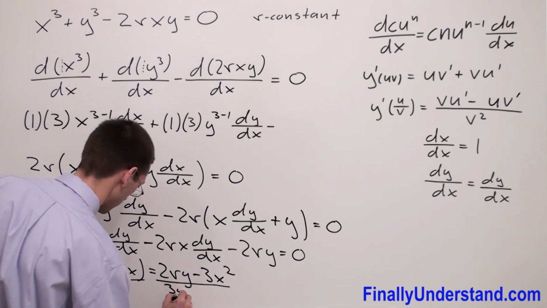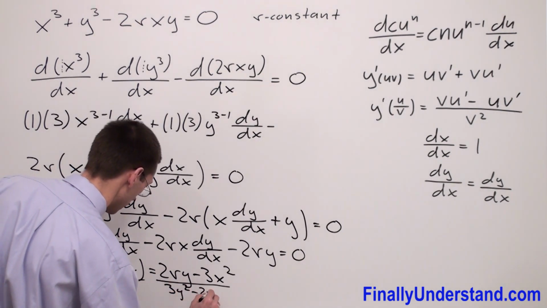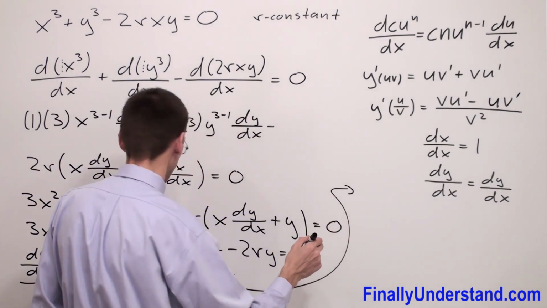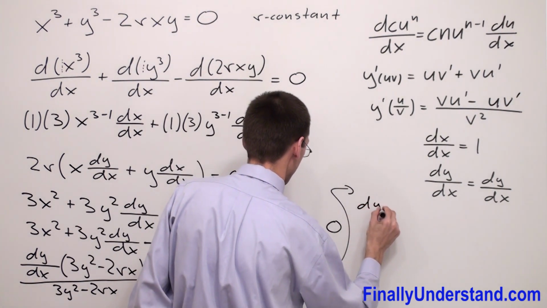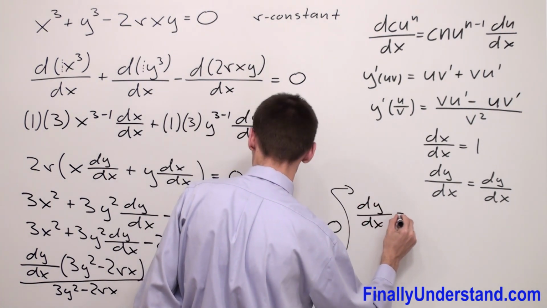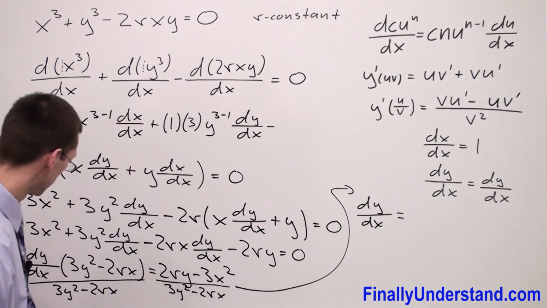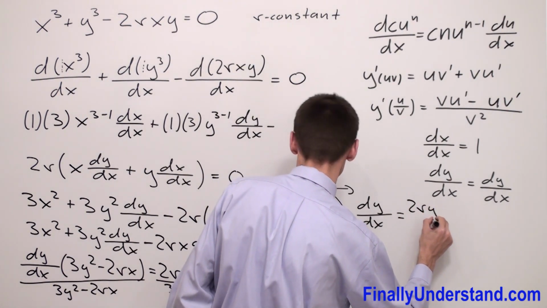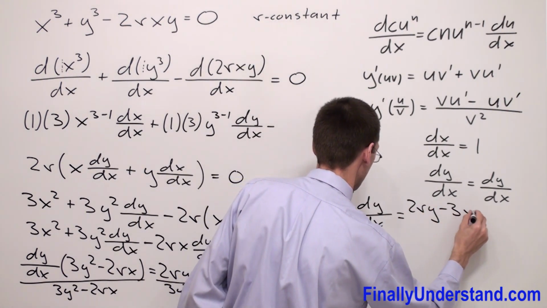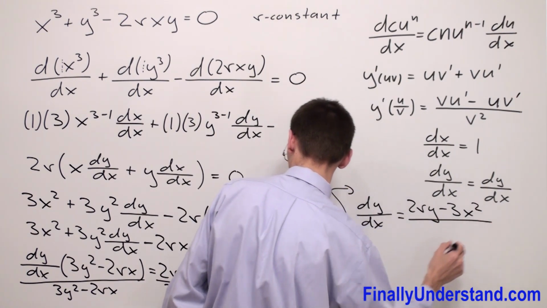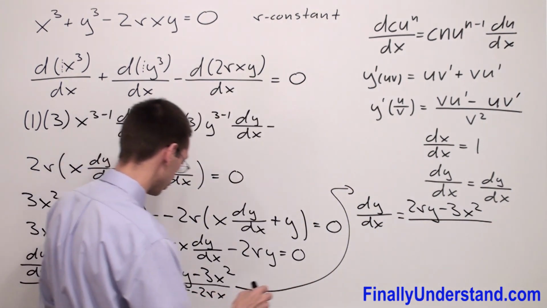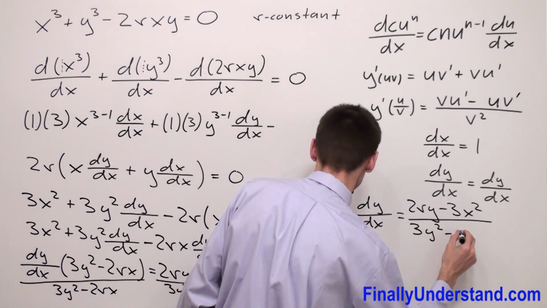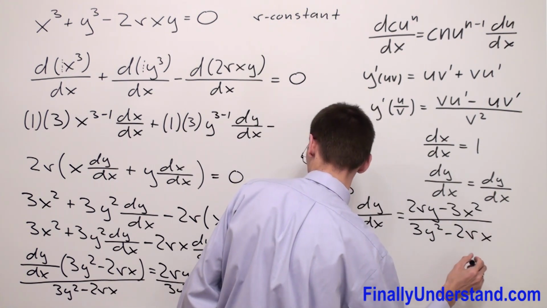So I have 3y squared minus 2rx, and I'm going to end up with dy over dx is equal to 2ry minus 3x squared over 3y squared minus 2rx.